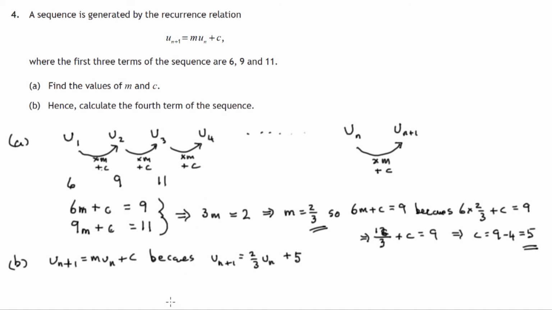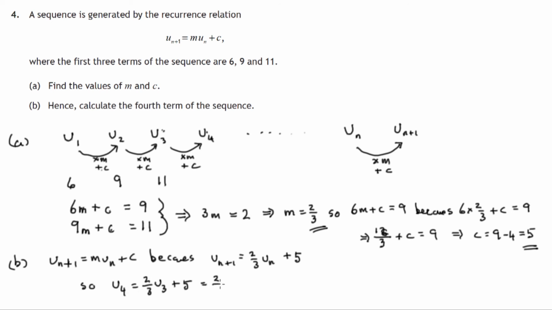So let's calculate the fourth term. The fourth term will be 2/3 of the third term plus 5. u4 can be got from u3 by multiplying by m, which is 2/3, and adding 5. So u4 is 2/3 of u3 plus 5.